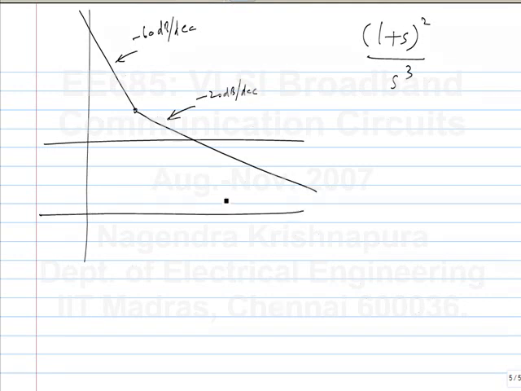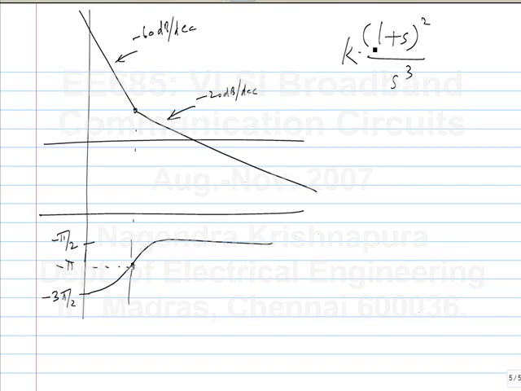If you plot the phase, it starts from minus 3 pi by 2, minus 270 degrees, and then it reaches minus pi by 2. This is a stable system, although there is a point where the phase shift is minus pi and the gain is more than 1. So let's say this is some k times this. This is a stable system.